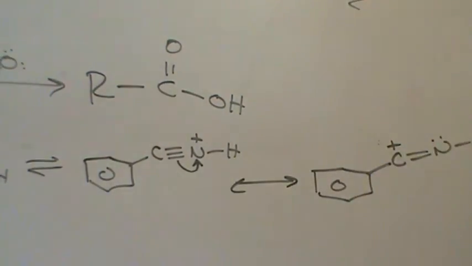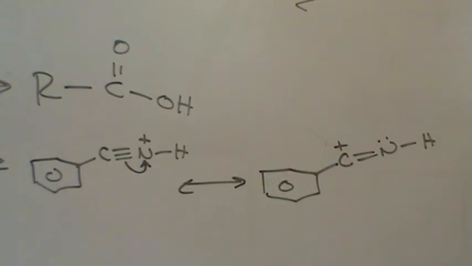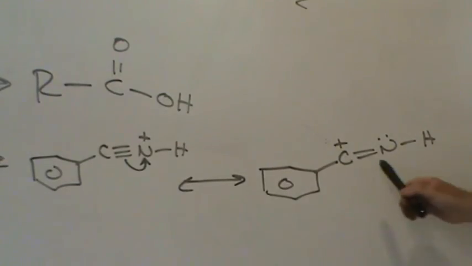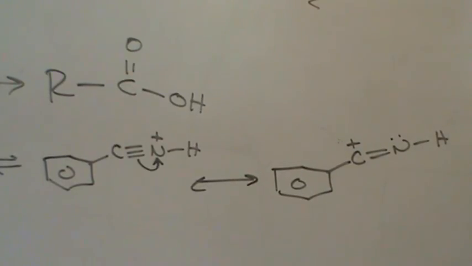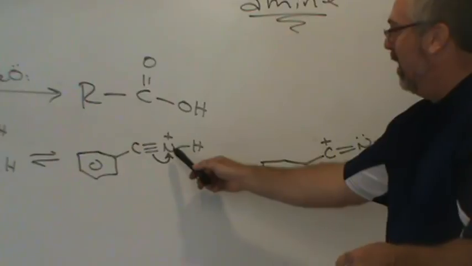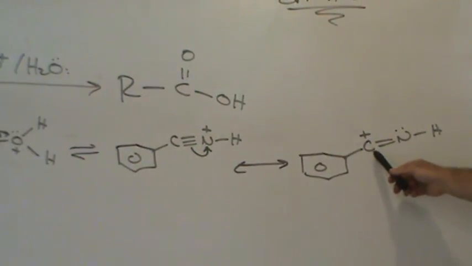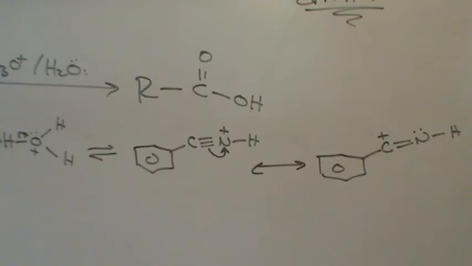And when I do that, the positive charge moves to carbon. This is completely analogous with carbonyl chemistry. You protonate the carbonyl oxygen, show the resonance form in which the charge actually exists to a large extent on carbon. It's exactly what we're doing here. Protonation of the nitrile nitrogen produces a super electrophilic carbon, just like in carboxylic acid derivatives.